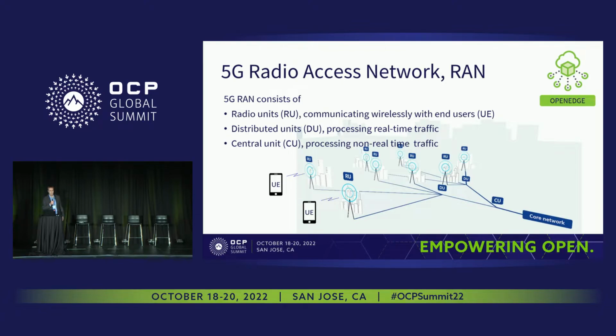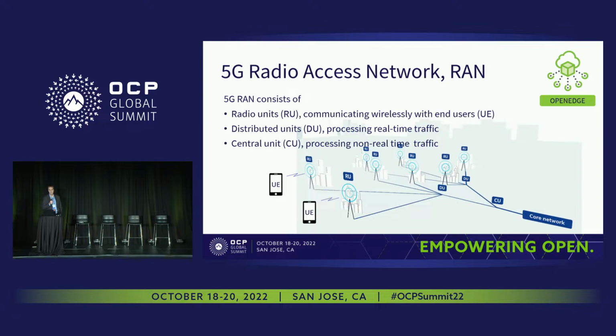Okay, briefly first about the 5G radio access network architecture, just as a brief introduction. We could say that the 5G RAN architecture consists of 3 different elements. First of all, there are the radio units, which are communicating wirelessly with the users, or user entities, UEs.